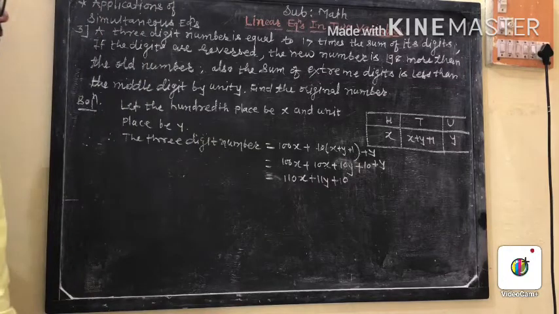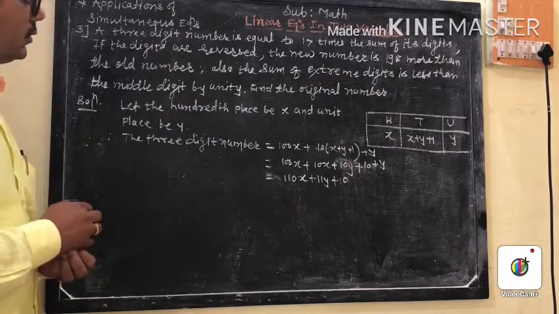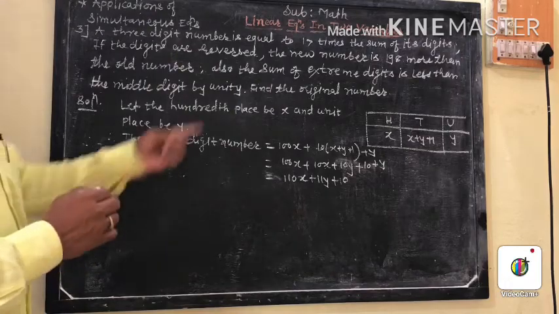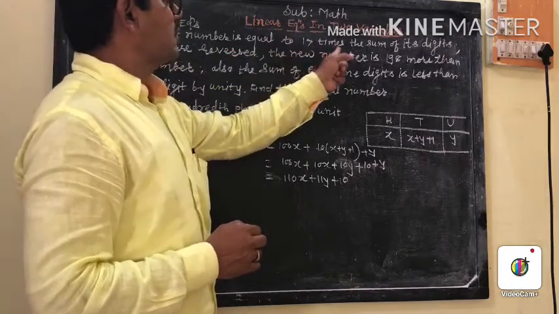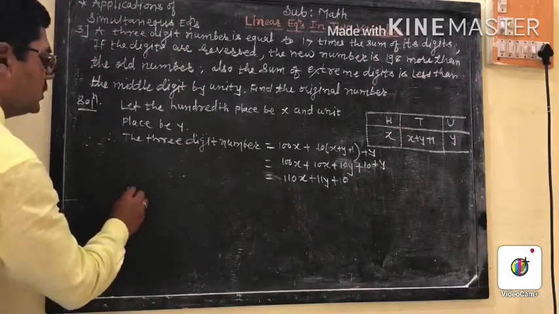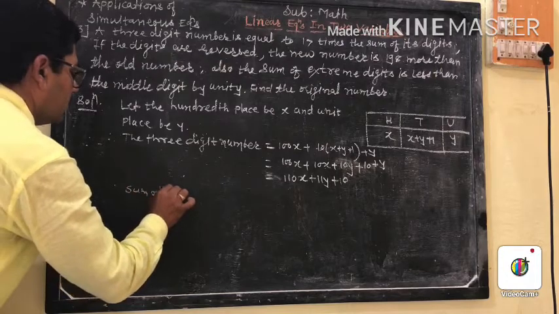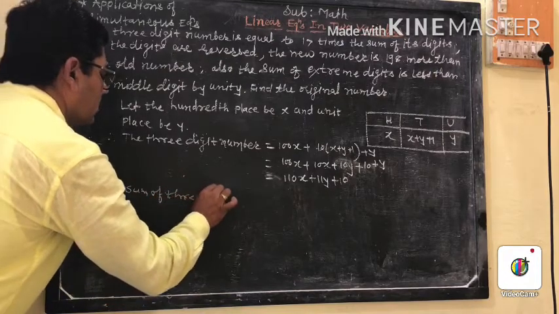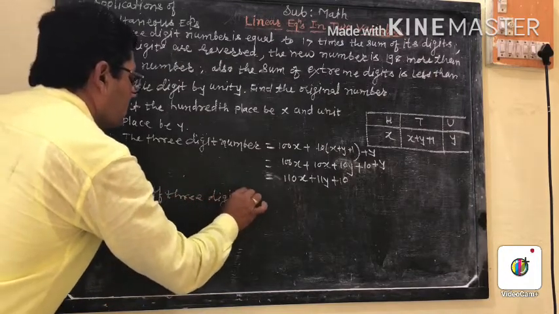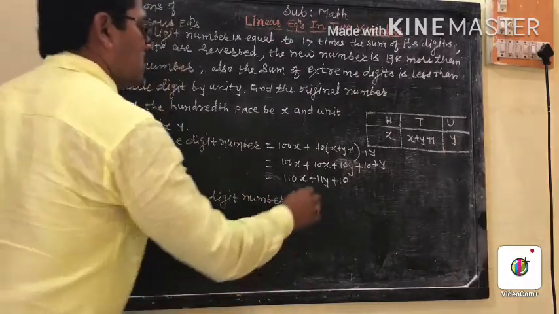Okay. Now we also have to find, for the first condition, the sum of the digits of the 3-digit number. What is the sum?